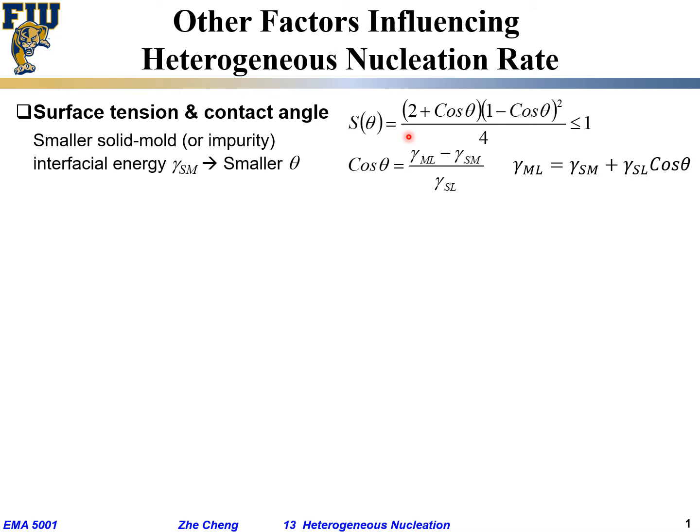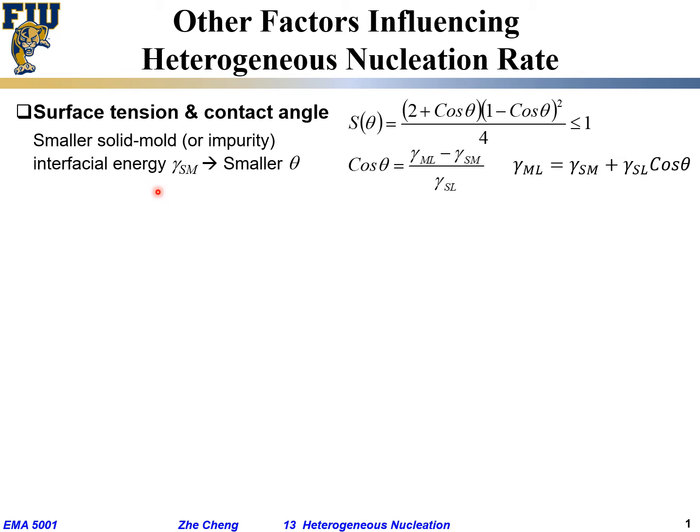Okay? Then, as we said earlier, if we have a small gamma sm, which means what? Small gamma sm means the mold likes or hates the solid? Likes, right? Small gamma sm means the mold is similar to the solid.